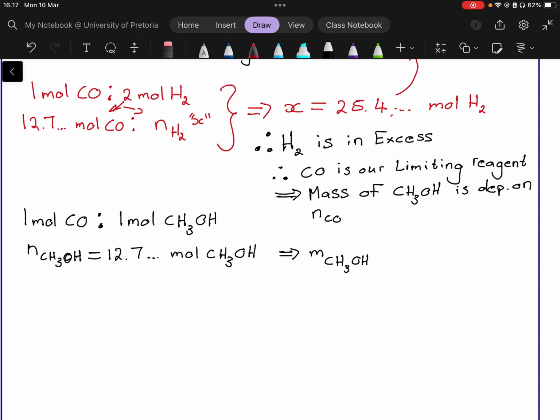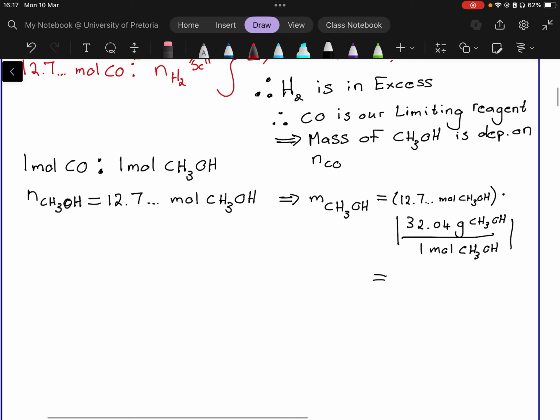From that, we can just determine the mass of methanol. Because once you have the number of moles, you can always get the mass using the molar mass. So you can use the 12.7 mole CH3OH, multiplied with, of course, the molar mass, 32.04 grams CH3OH per 1 mole CH3OH.